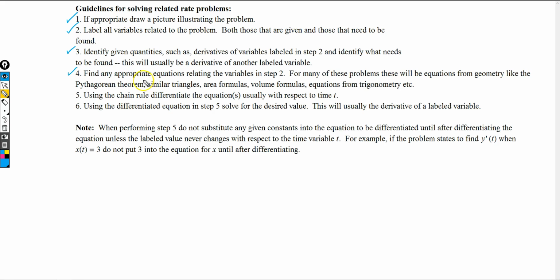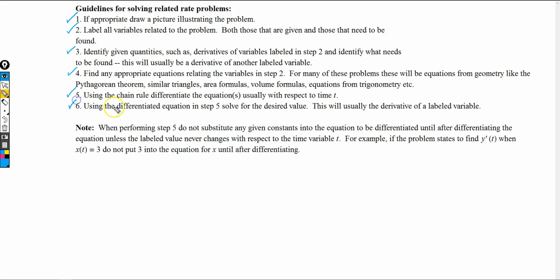Step 4, find any appropriate equations that are relating the variables in step 2. For many of the problems that we do, these will be equations from geometry like the Pythagorean Theorem, similar triangles, area formulas, volume formulas, equations from trigonometry, etc. Step 5, using the chain rule, differentiate the equation or equations that you found, and you'll usually do that with respect to time t.